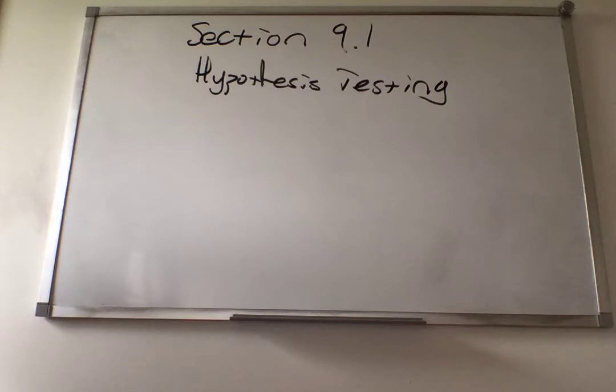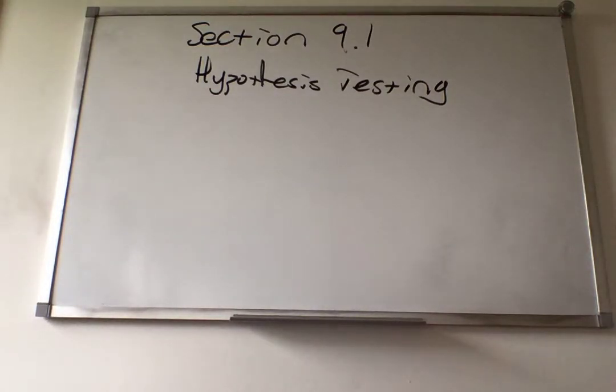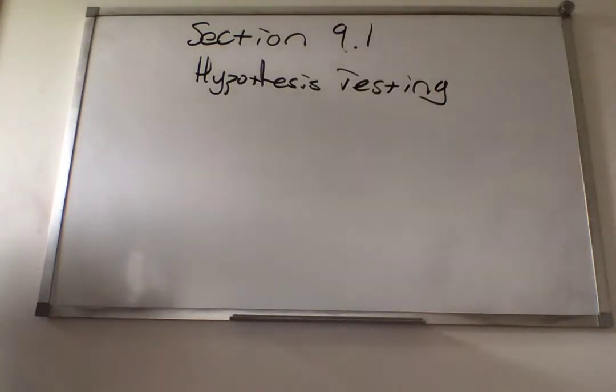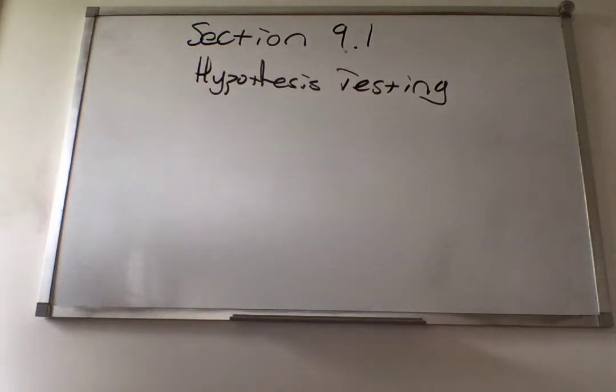So we may say some population parameter is less than some number. For instance, I could say that the average age of CLC students is less than 22 years old. With the things found in this chapter, we're going to be able to test that claim by collecting data.